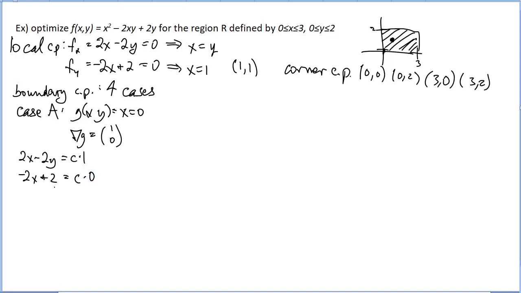So solving the second equation gives you x equals 1. But notice that x equals 1, and we're looking at the case where x equals 0. So it's not on this boundary. So we don't get any boundary critical points from case A.